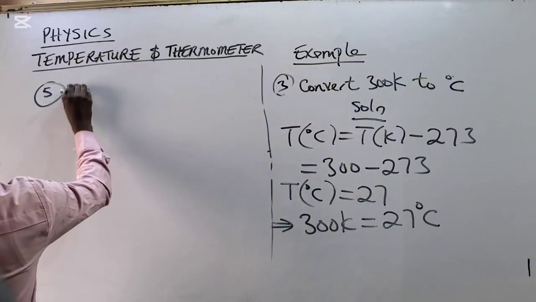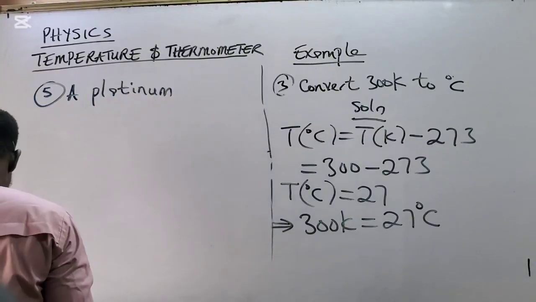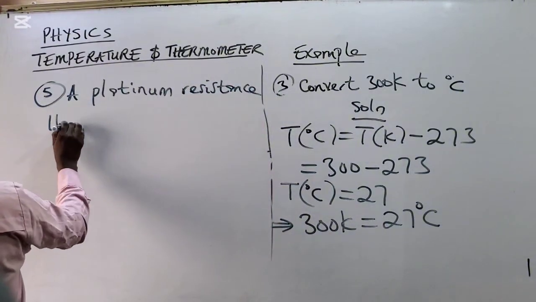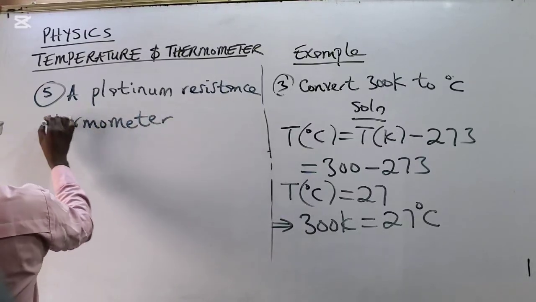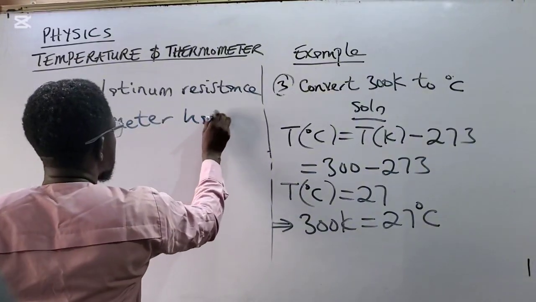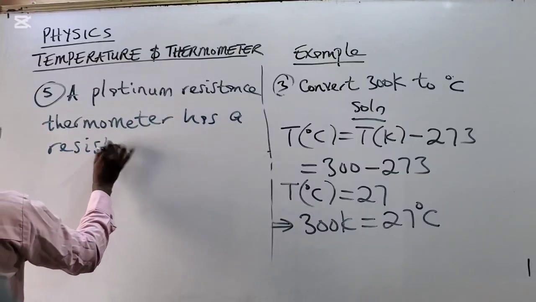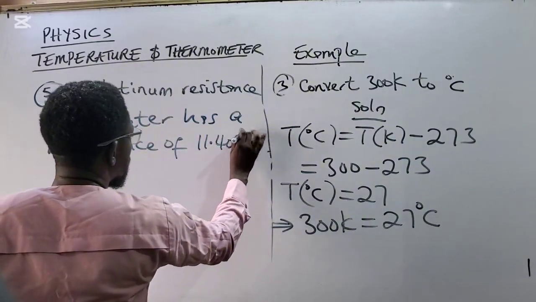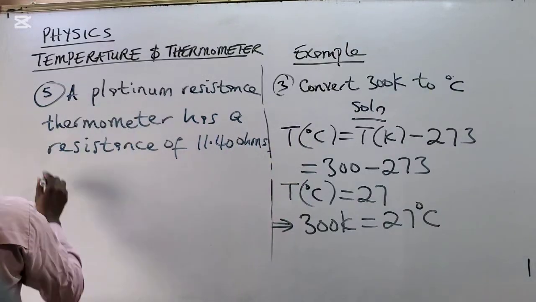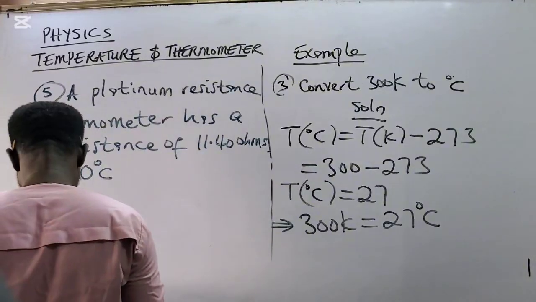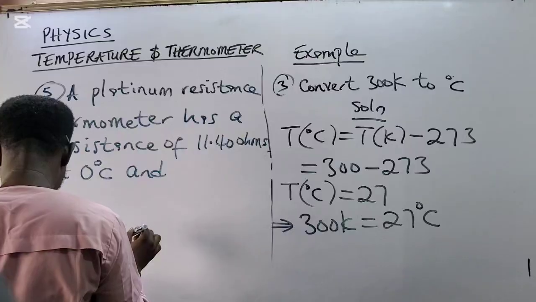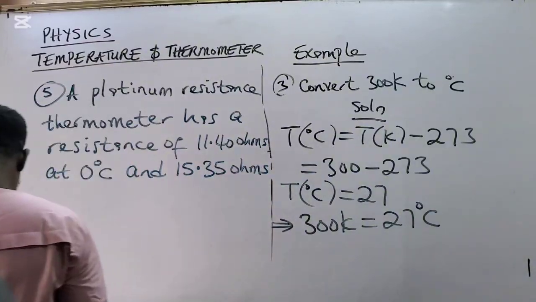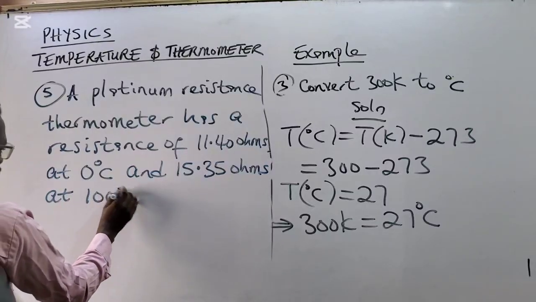Okay, let's see this first question. A platinum resistance thermometer has a resistance of 11.40 ohms at 0 degrees C and 15.35 ohms at 100 degrees C. Ohms is the unit of resistance.